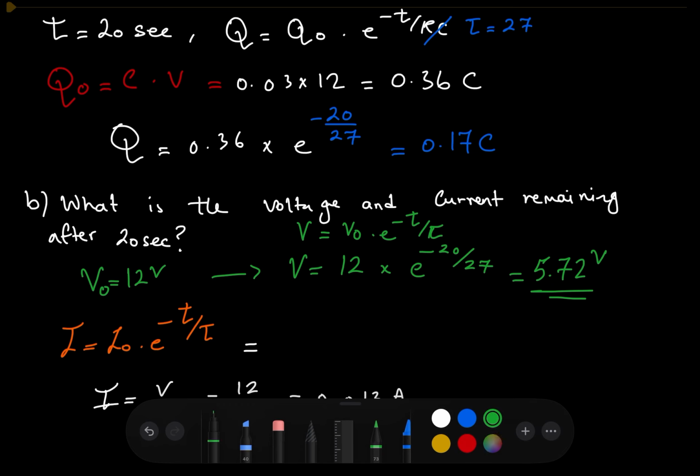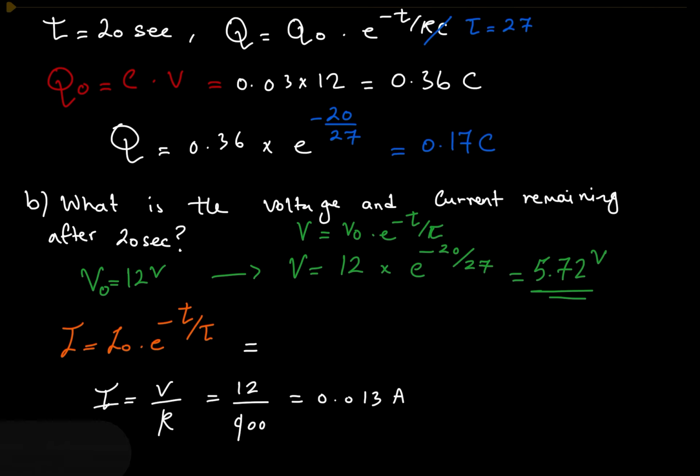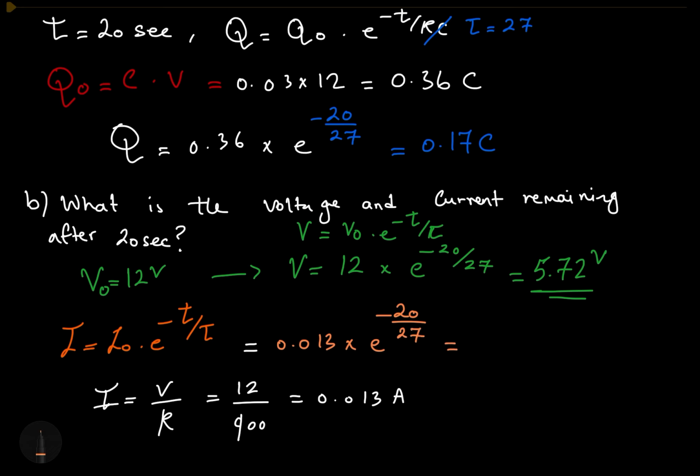0.013 amps. So the amount of current left is going to be 0.013 amps multiplied by e to the power of negative 20 over 27. And so that would give us a value of, let me calculate that.